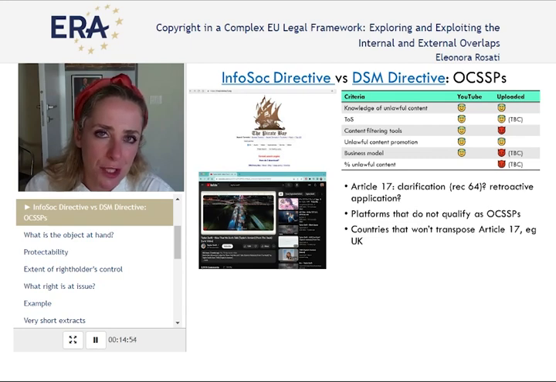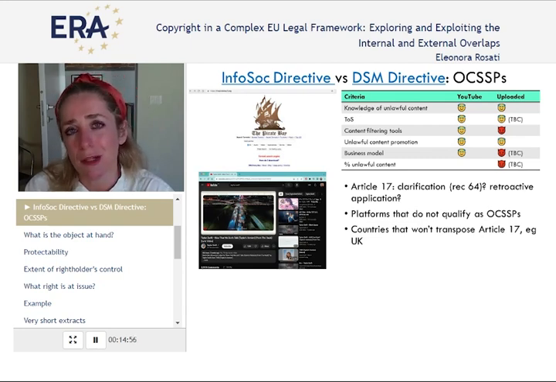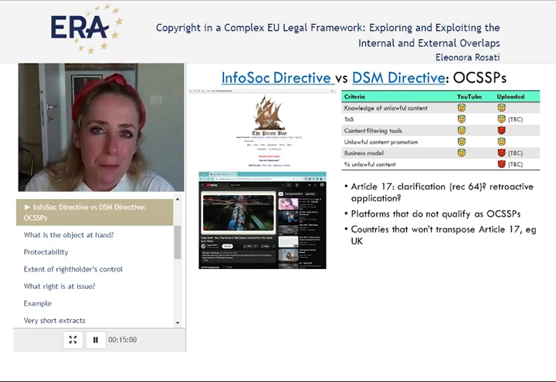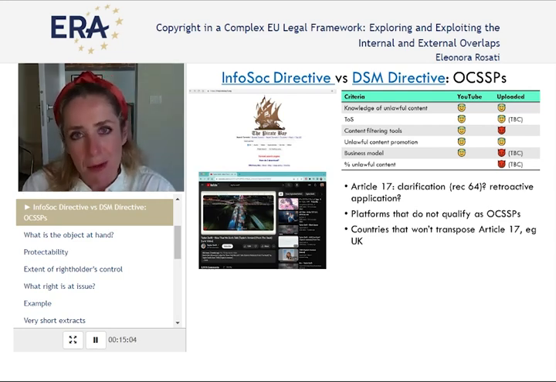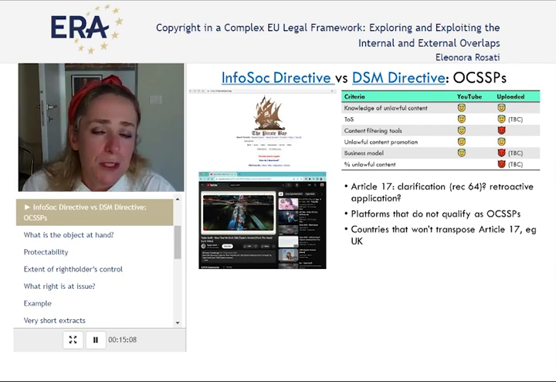There the CJEU said that automated content recognition technologies can be used, but they need to comply with a number of requirements. And knowing whether that has been done could be possible through the transparency obligations that the DSA does impose.